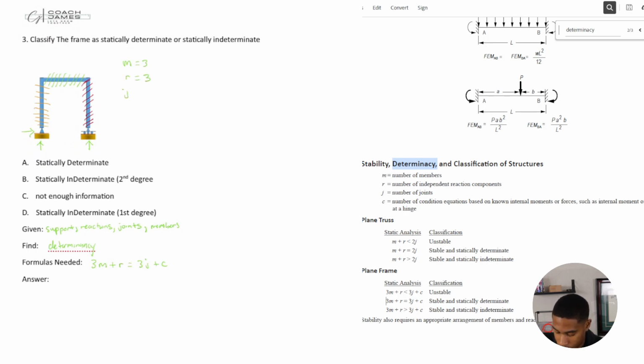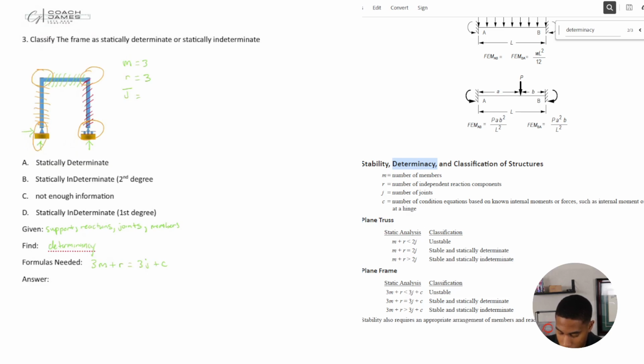What about joints? So I have to join from here to here. I have to join these 2 together. Join those 2 together because it bends.